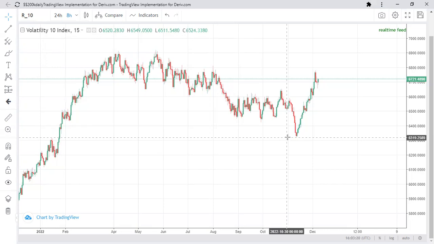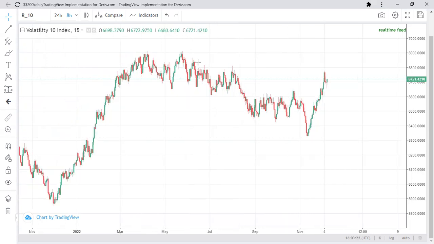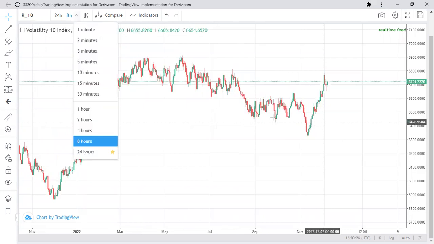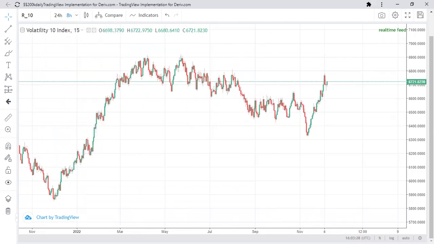So coming down here, you need to go on a higher time frame to get a very clear picture. The lower the time frame, the more the noise. You should know that.